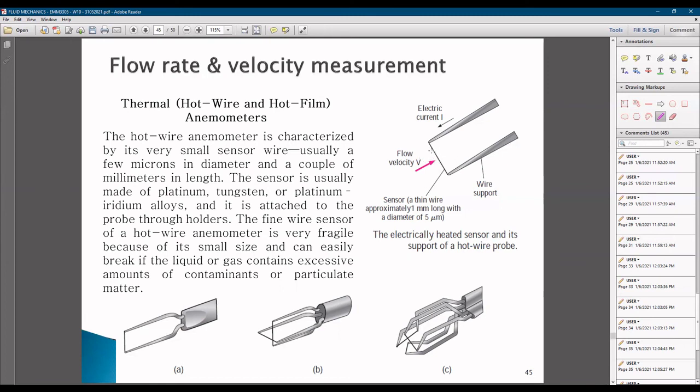From there, it measures the changes and transfers them into changes in the electrical reading, and then converts it into a more readable measure for the velocity or pressure.